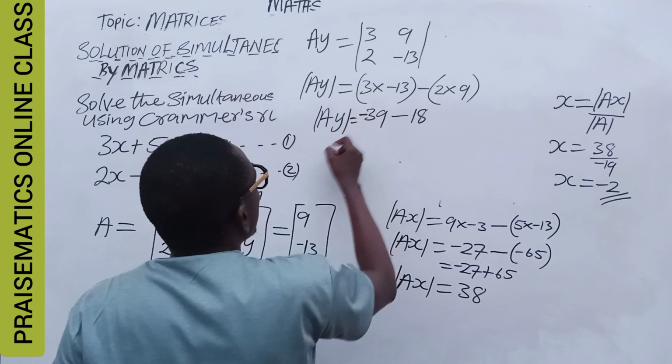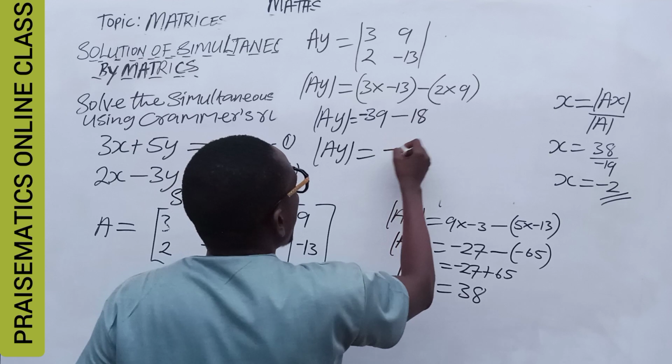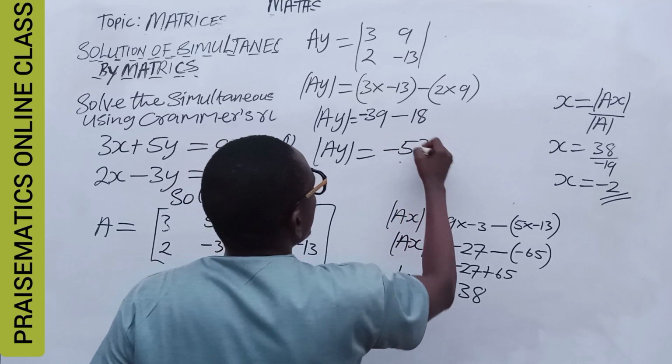So this is it. Our AY determinant is equal to -57.